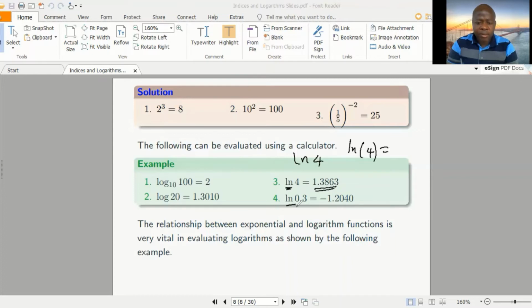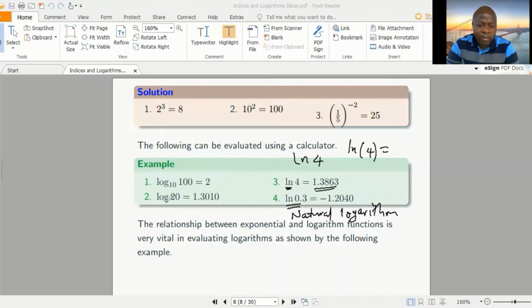And even this one, your calculator already has it. This is natural logarithm, ln. So just press it on your calculator, 0.3, and put it in.